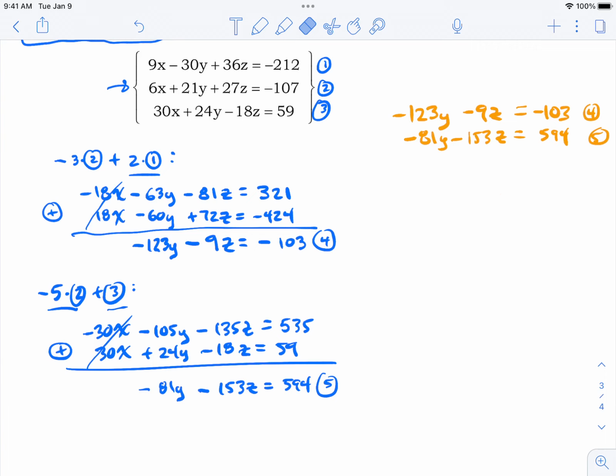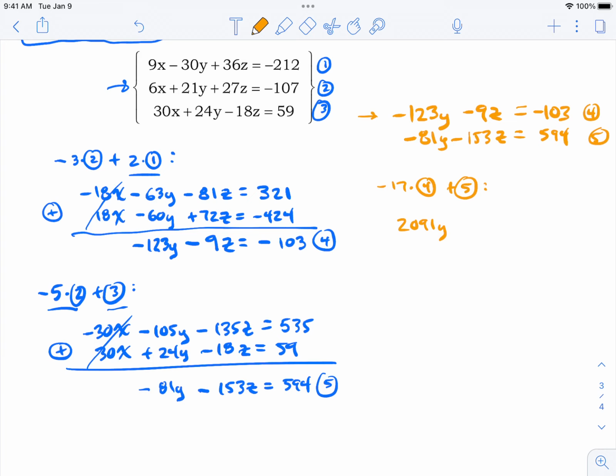That's awesome. So what I'm going to do then is take that 17. Let's make it a negative 17 times equation 4 and add equation 5. So, negative 17 times negative 123. Grab out your calculator. It comes out to a positive 2091y.